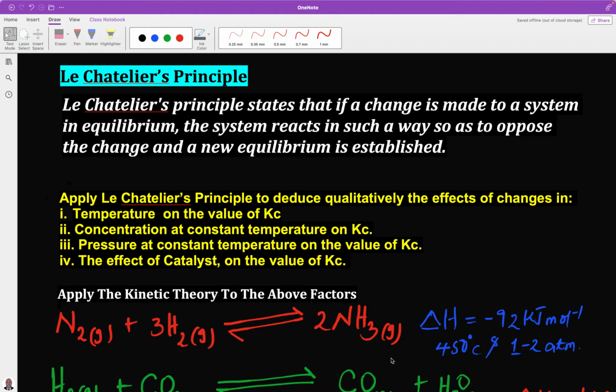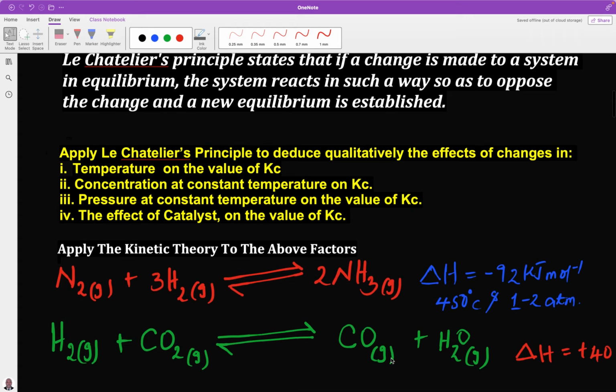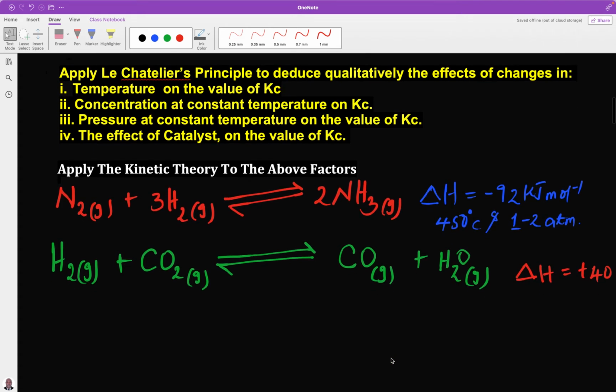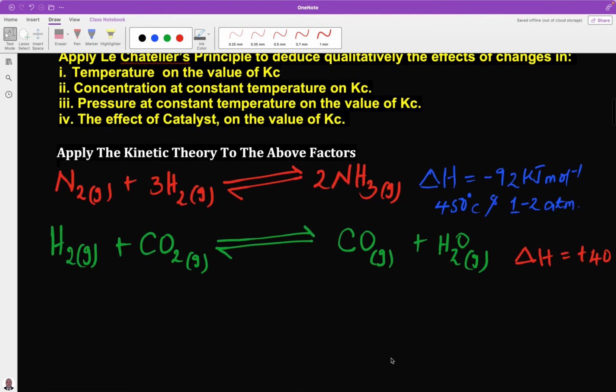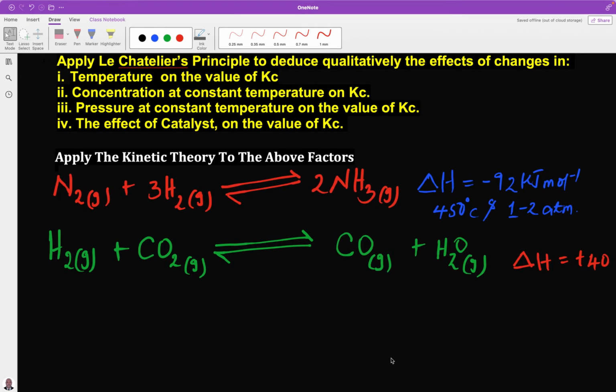For instance, let's take temperature. We have discussed a lot regarding temperature. Apply Le Chatelier's principle to deduce qualitatively the effect of changes in temperature on the value of Kc.